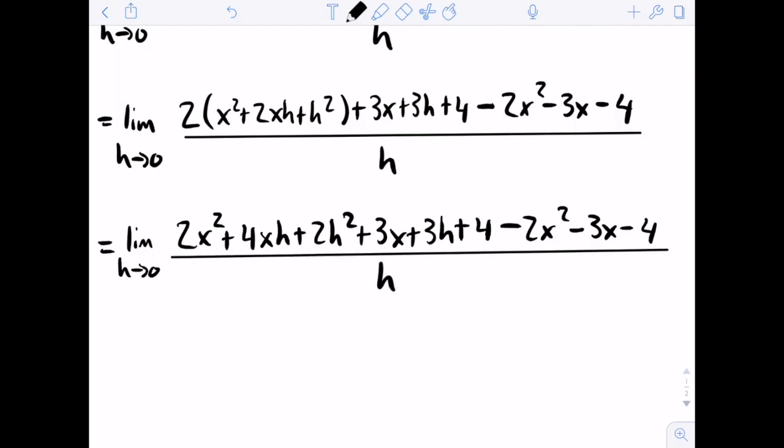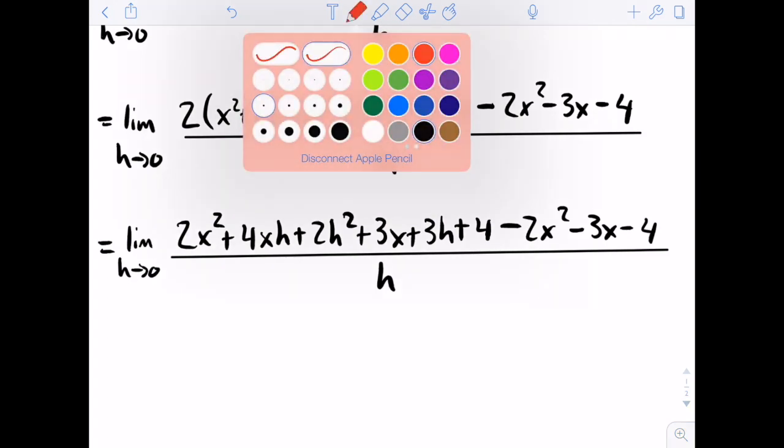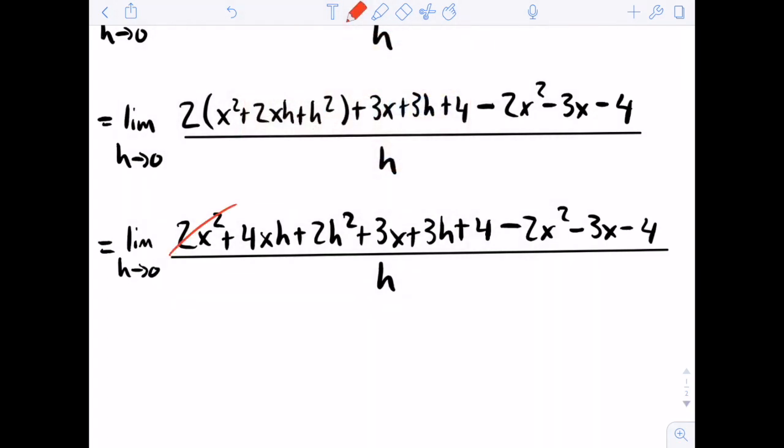Okay, so now we're in a good position to start canceling terms. So we've got that canceling with that. Let's see what else cancels. We've got the 3x canceling with the minus 3x. And we've got a positive 4 canceling out the negative 4. That looks like pretty much everything that cancels for right now.